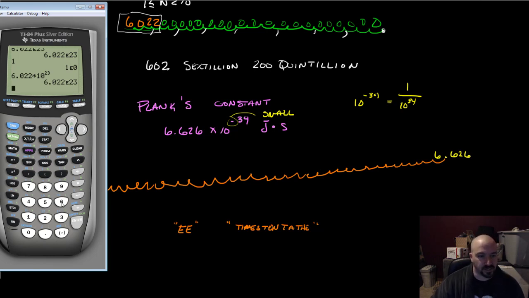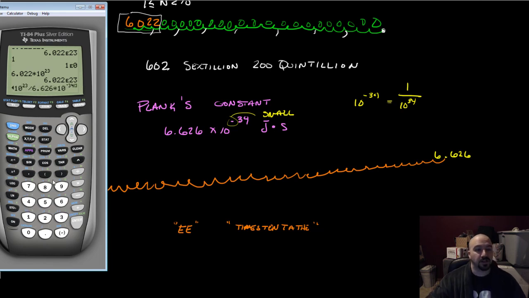Well, if I want to divide those, I would normally go 6.022 times, and then this magical 10, and then we have exponent 23, divided by 6.626 times 10 to the negative 34.